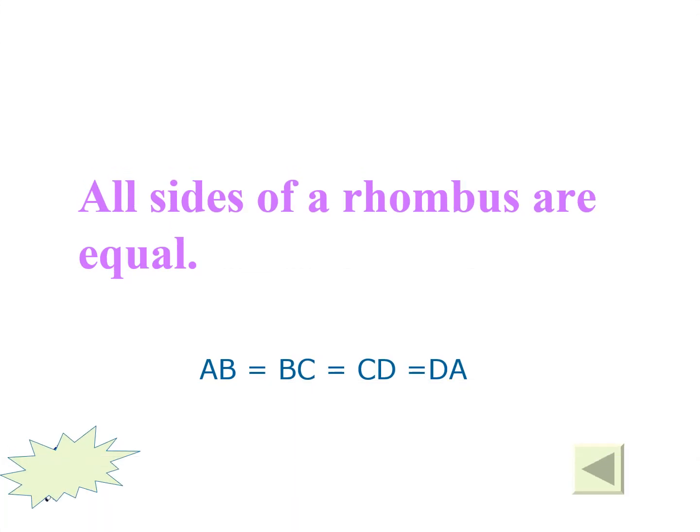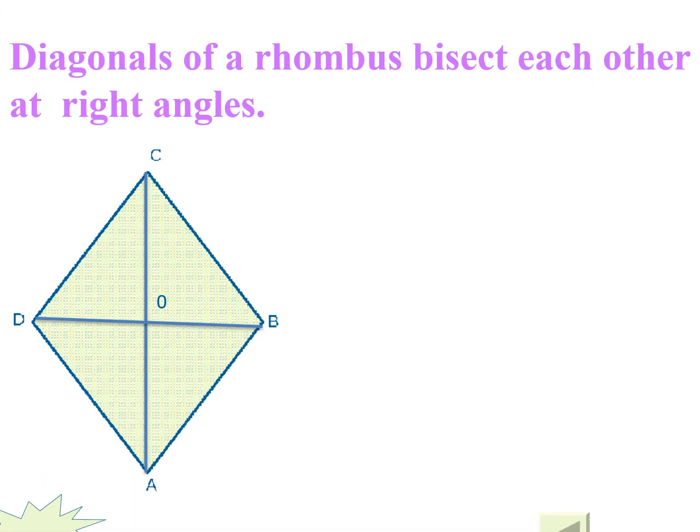Next is a rhombus. All sides of a rhombus are equal. In short, we can say a parallelogram is said to be a rhombus if all of its sides are equal. That is, AB equals BC equals CD equals DA. Next is a very important property.